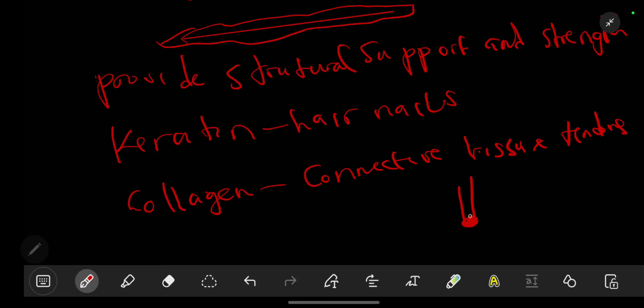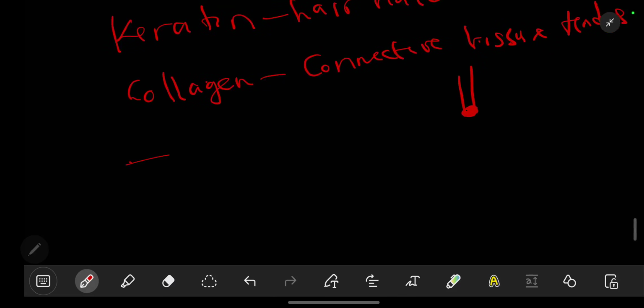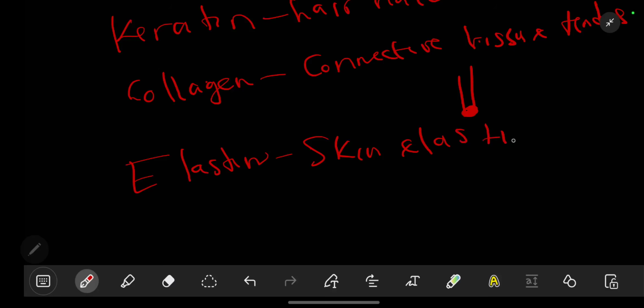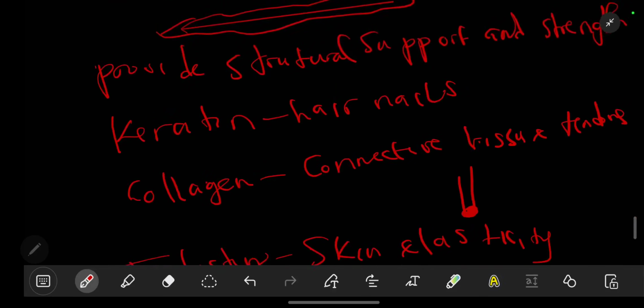So these have to be really, really strong. The other example that we might have is elastin, which helps the skin to be elastic. So that is everything about the fibrous proteins.